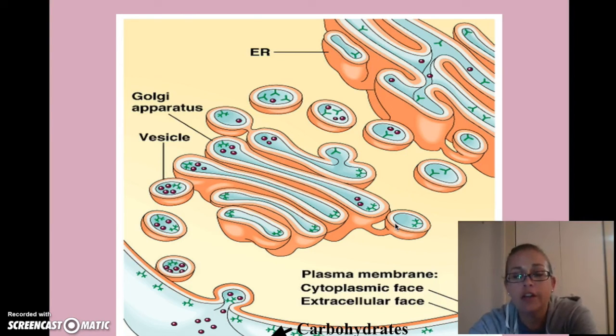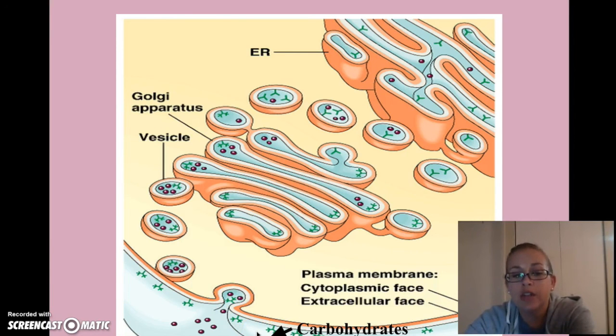And what you're looking at here is parts of the endomembrane system, and so this would be your rough ER, and then this would be the Golgi apparatus. And so you can see that the vesicles are forming, and actually even within the vesicles you have the carbohydrates on the inside. And they're on the inside here because when they fuse with the cell membrane and become part of that cell membrane, they are then going to be on the outside of the cell.